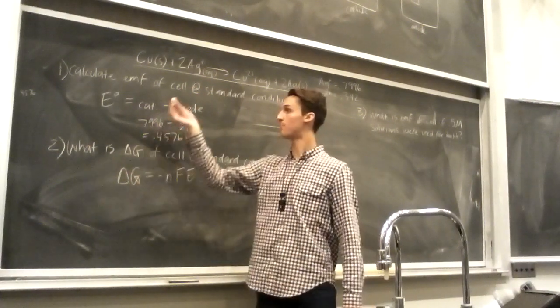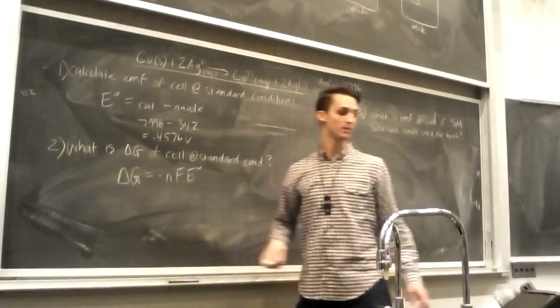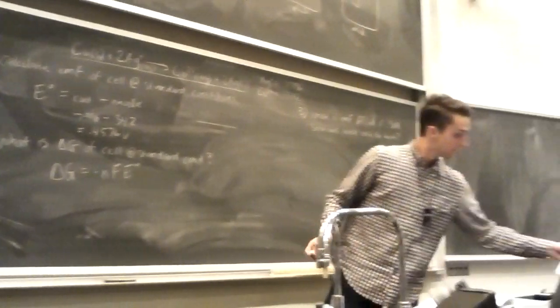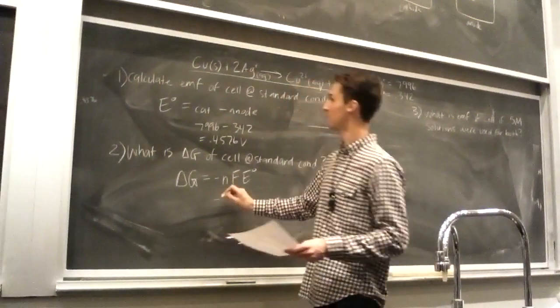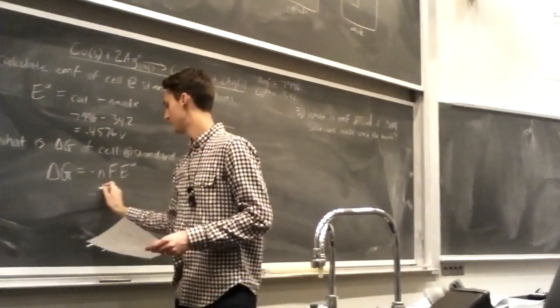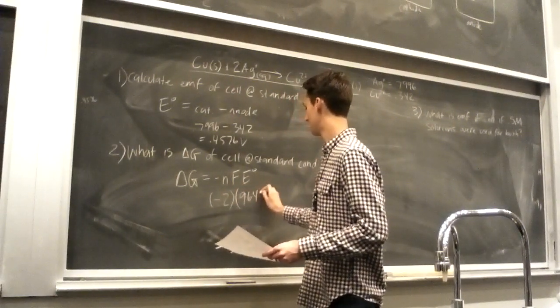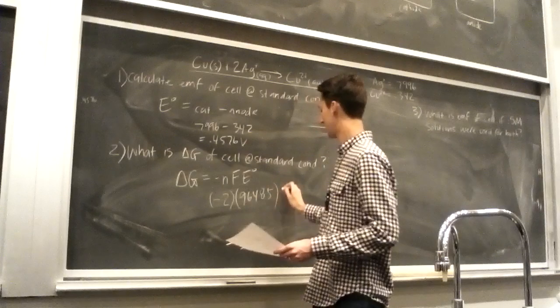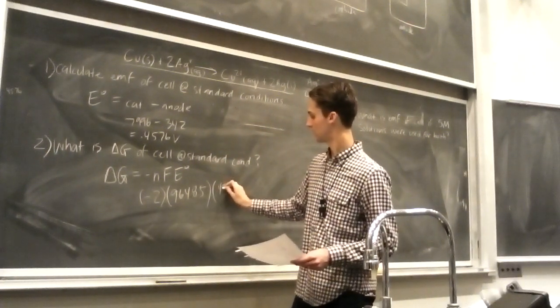So if we have a positive for this, then our delta G should be negative for it to be a spontaneous reaction. So we have delta G equals negative, how many electrons are being transferred here? 2. So we have negative 2 times Faraday's constant, 96485, times our E naught, which was 0.4576.